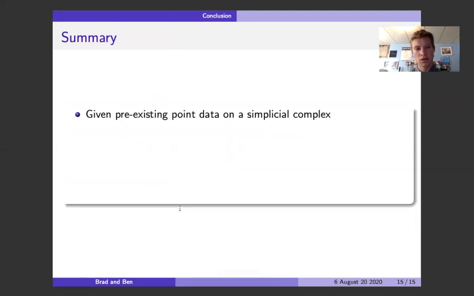So in conclusion, if we're given pre-existing point data on a simplicial complex, and we want some function on it that's consistent with that data and also reflective of its topology, we're not going to be able to get something exact necessarily. Computing a perfect gradient vector field is an NP-hard problem, but there are ways to come close.